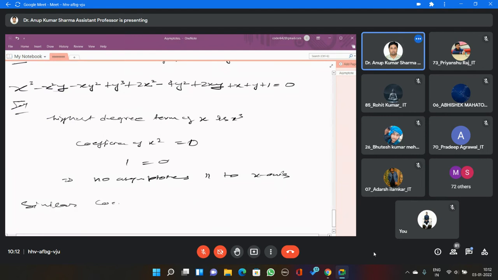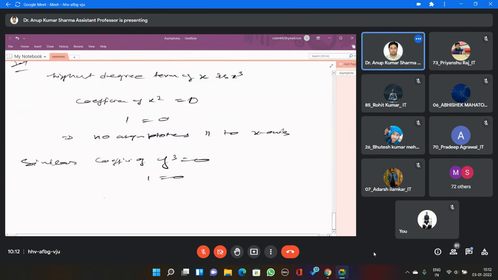Similarly, coefficient of y cube equal to 0 means 1 is equal to 0. So this implies that no asymptotes parallel to y-axis. This done.